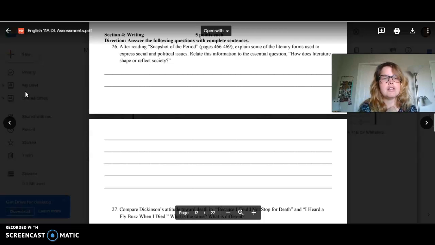How does it shape or reflect society? So it reflects society as in it reflects the needs and the wants of people who oppose racism and segregation. It shows what they're thinking, what they want, and it helps to shape society because it helps to change the minds of many people, right?